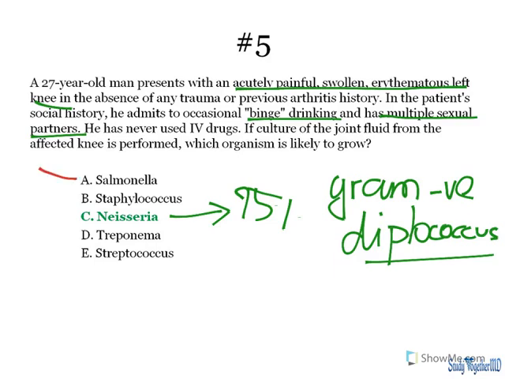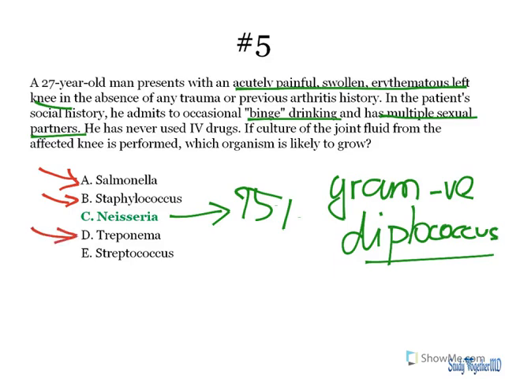Salmonella is associated sometimes with prosthetic knee infections and sickle cell disease. Staphylococcus is the cause of the majority of the cases of acute bacterial, but non-gonococcal arthritis in adults and in kids older than 2 years, and also with prosthetic joint infections.